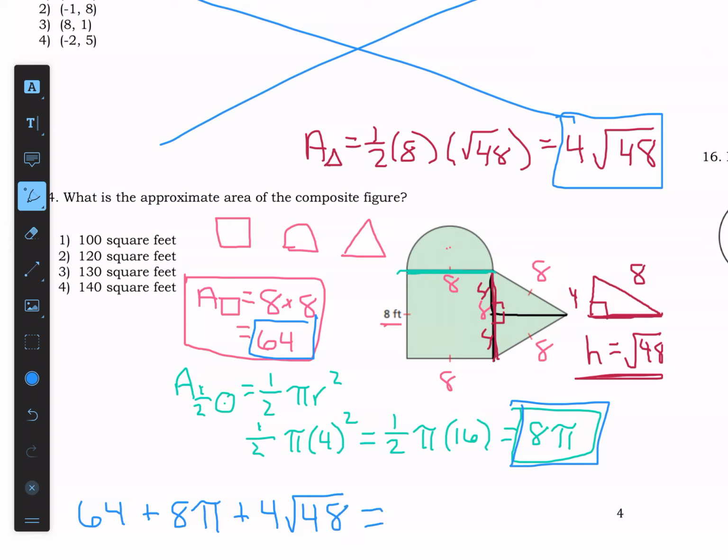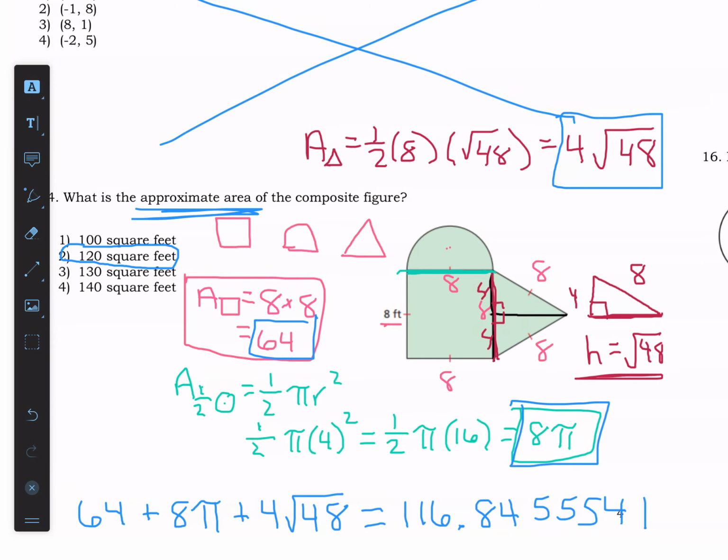And when you type that in, you are going to get 116.84555541. Now, looking at your answer choices, this is asking for the approximate area, so our closest answer to 116 would be the 120.